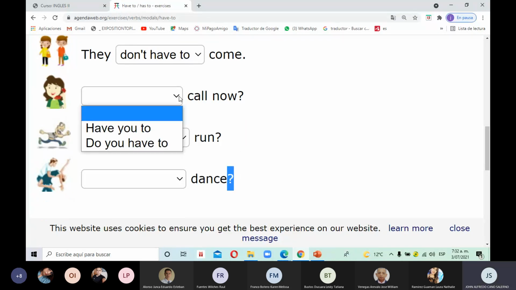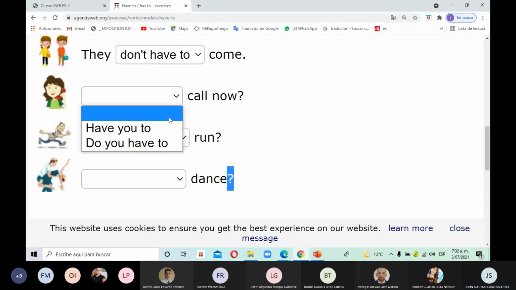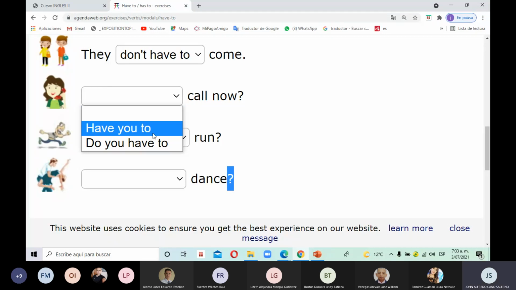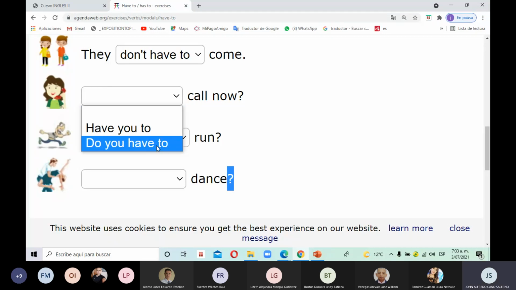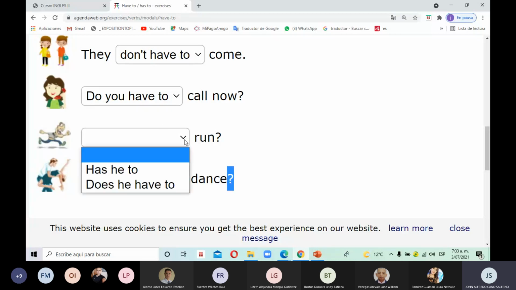What about this one? Have you to call now or do you have to call now? What do you think? Do you have to? Yes, very good. The answer is, do you have to call now? It's like a tienes que llamar ahora. Ese es el auxiliar, do. What about this one? Has he to or does he have to?